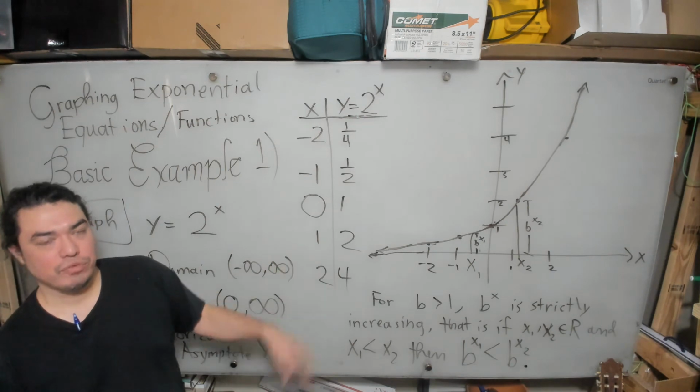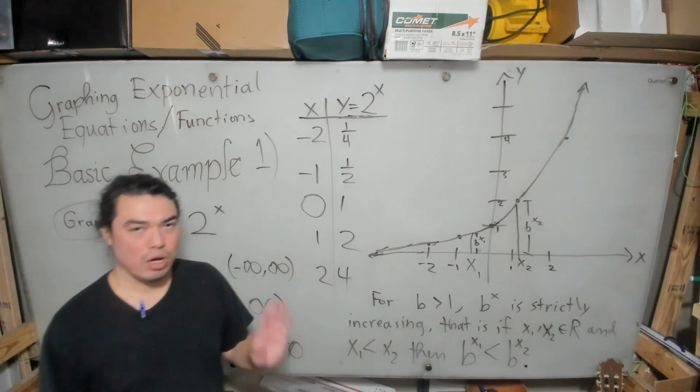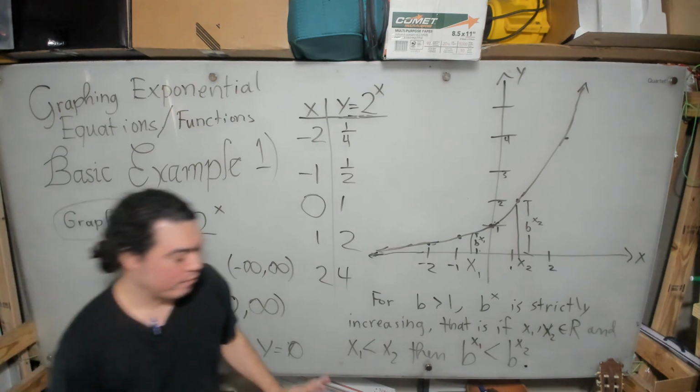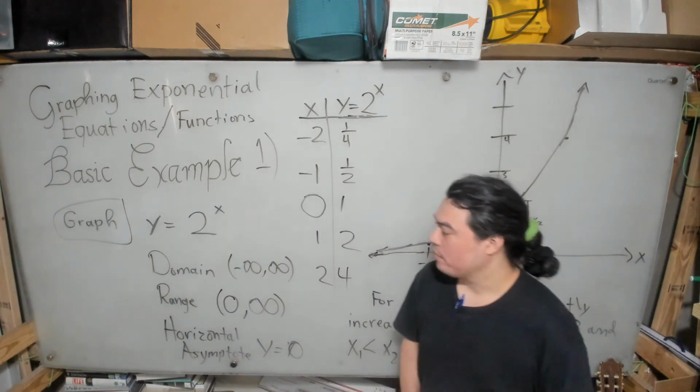My advice is to just read it properly, x1 less than x2. You can read it informally, but I recommend reading it properly all the time because it'll help develop your brain.